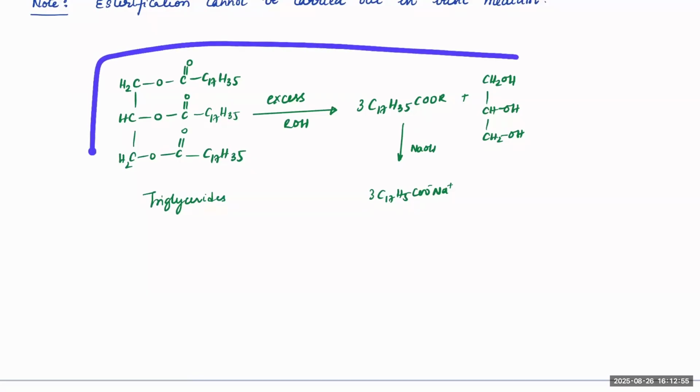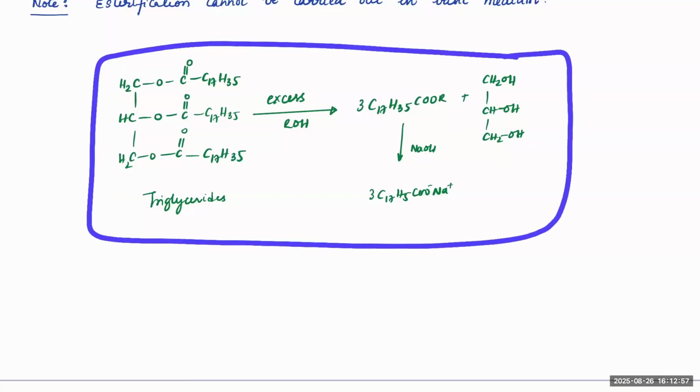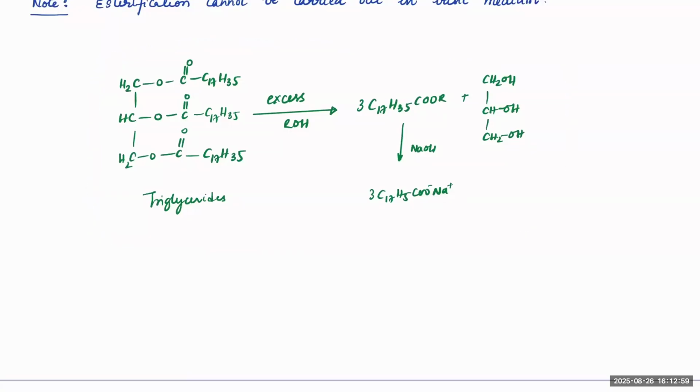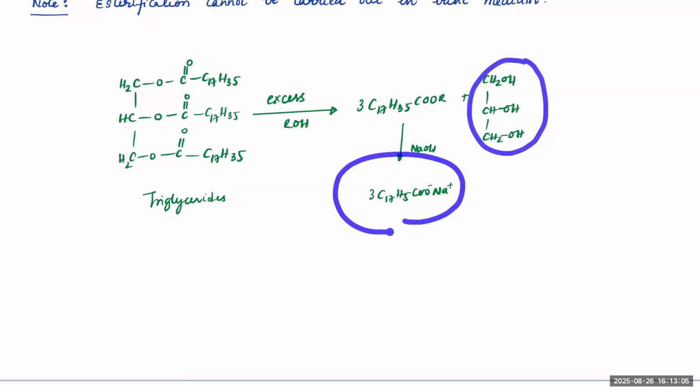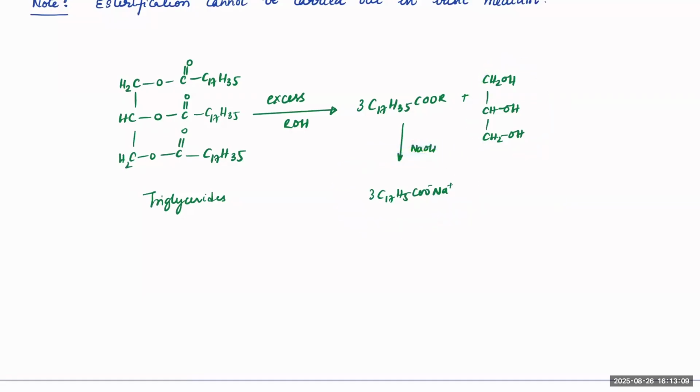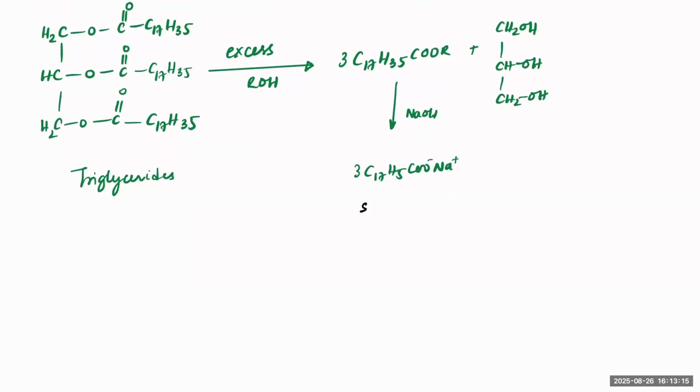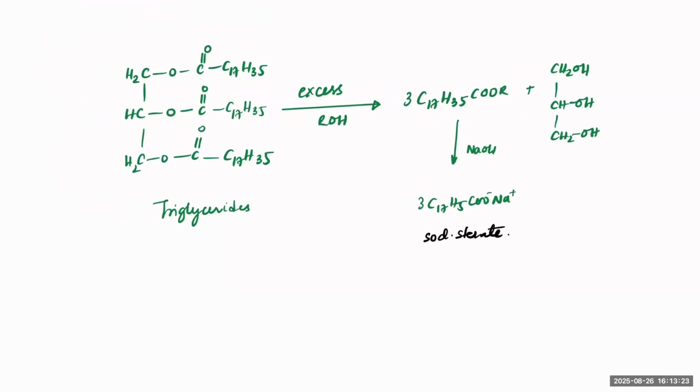But this is a major reaction that happens in chemical industries where your objective is to prepare glycerine and to prepare soap. This is the composition of soap, the soap which we use. This is called sodium stearate, C17 COO minus Na plus.